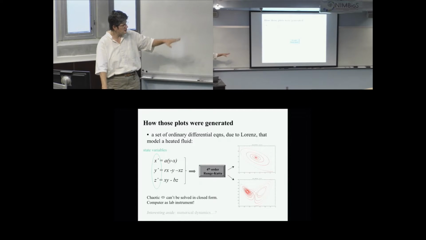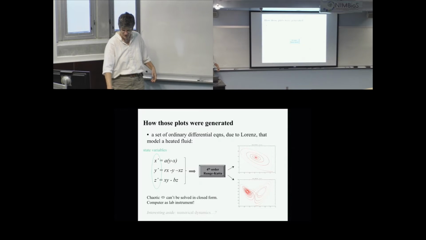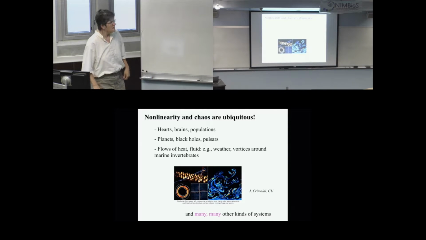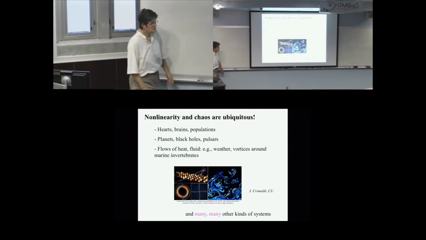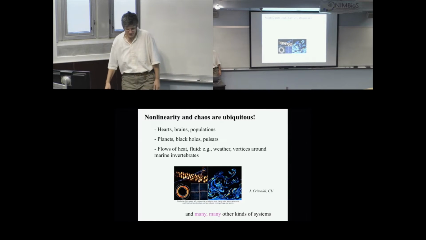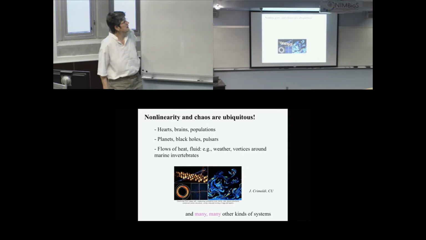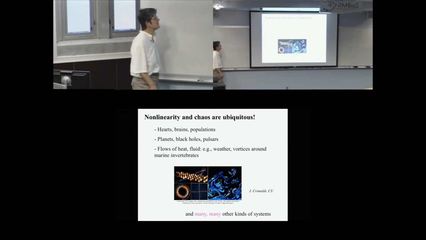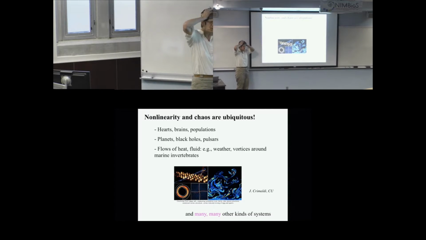Okay, so segue to the next slide: chaos is not just a numerical phenomenon. It doesn't just turn up in differential equations and integrations of differential equations. The universe is largely nonlinear. You biologists, you know this. And chaos is not rare. One of my favorite examples is the brain, which I've been told is normally chaotic, but certain recreational drugs make it go periodic.